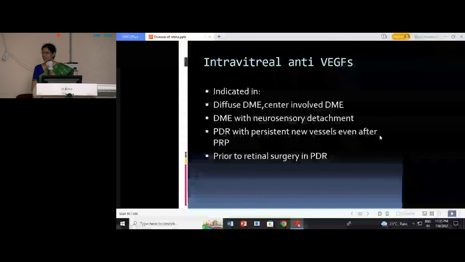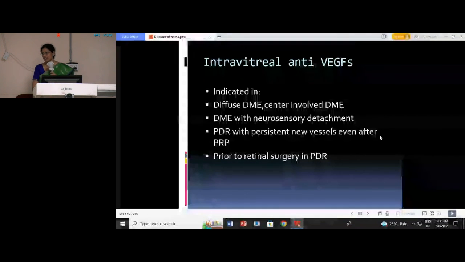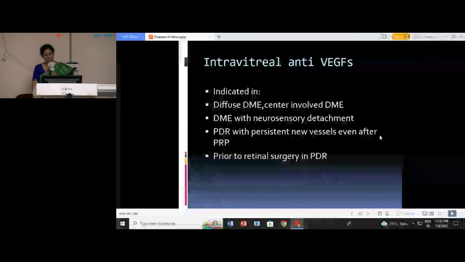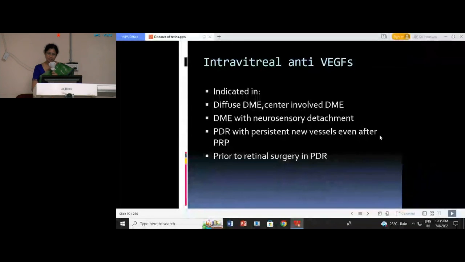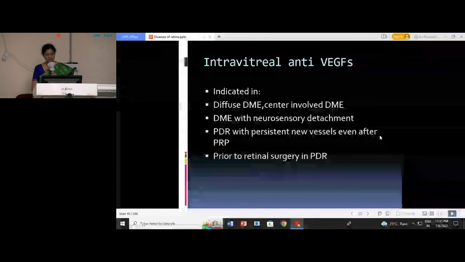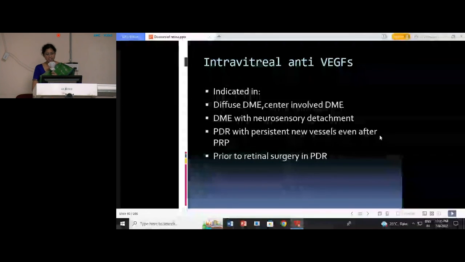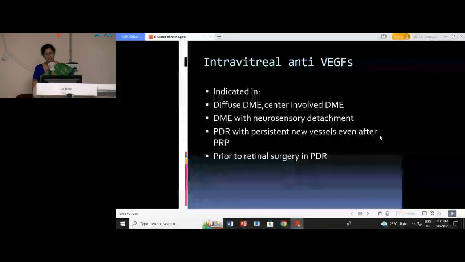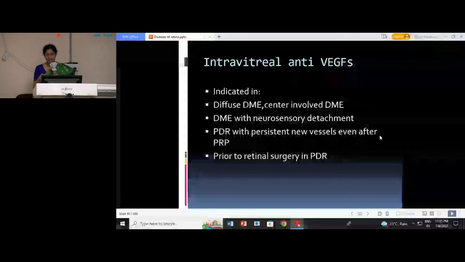Even after doing panretinal photocoagulation, if there are persistent new vessels, in those cases also we need to give anti-VEGF drugs. Also prior to retinal surgery, we give intravitreal anti-VEGF drugs in order to reduce the activity of the new vessels.